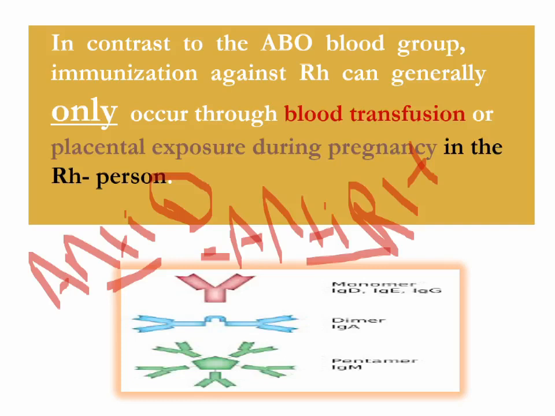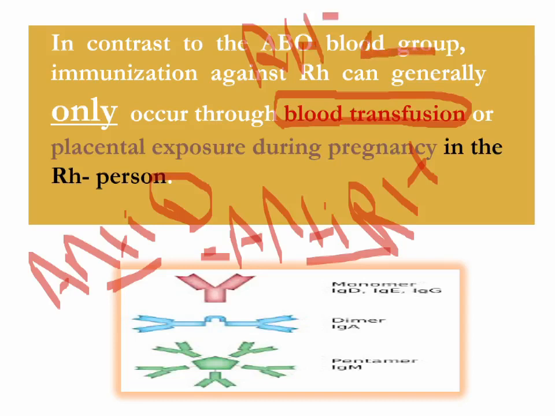So how is your body going to get exposed to antigen D, which is foreign for you if you are Rh negative? This occurs in 2 cases. Either it happens by mistake during a blood transfusion. You are an Rh negative person, so you don't have the antigen and you still don't have the antibodies.